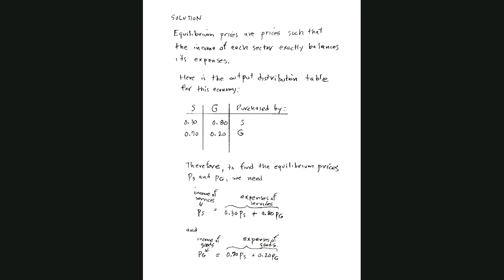So, first of all, what are these equilibrium prices? Equilibrium prices are prices such that the income of each sector exactly balances its expenses. Okay, that's what equilibrium prices are.